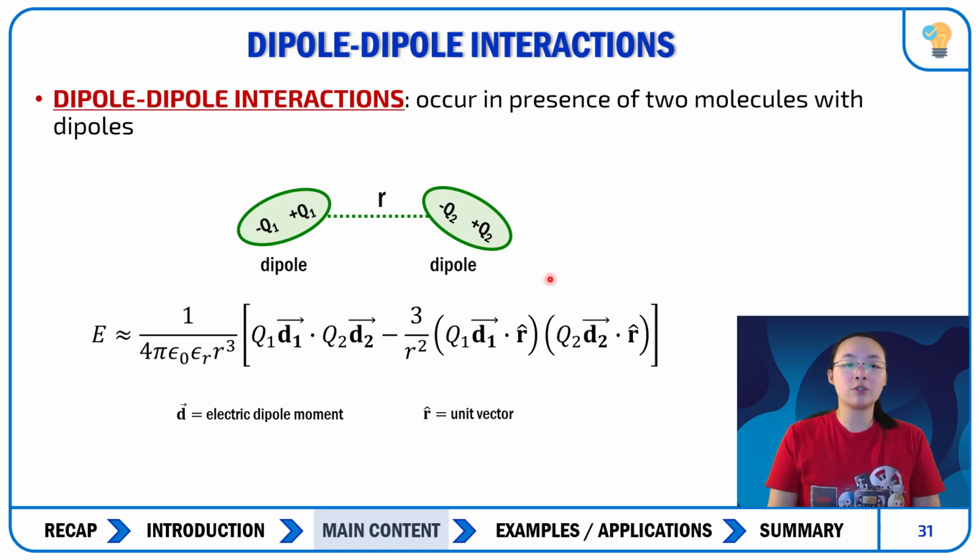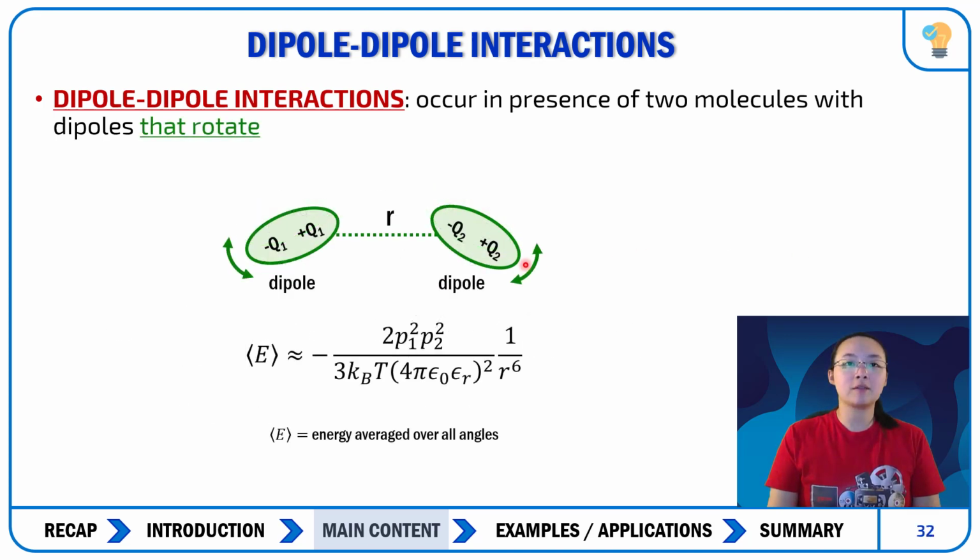So you're going to have two different position vectors as well as different distances for each of them. To make things even more complicated, you can also have these two rotating. If both of them are rotating, you can average up all of the interactions, and luckily you can actually cancel out some terms and end up with a generally accepted model for the average energy between two rotating dipoles.